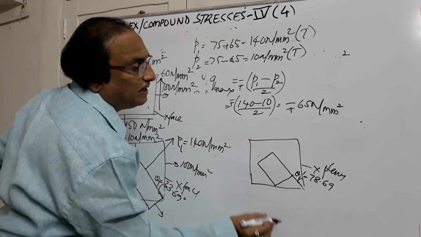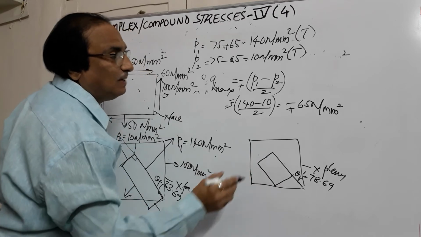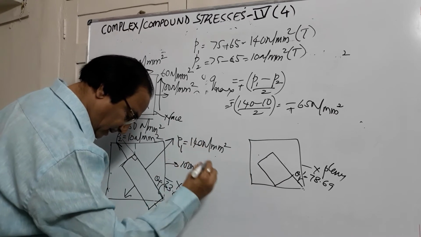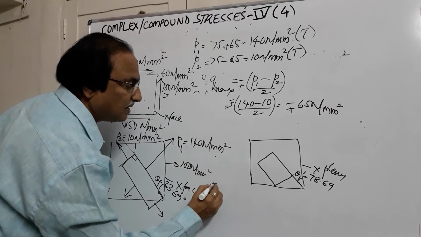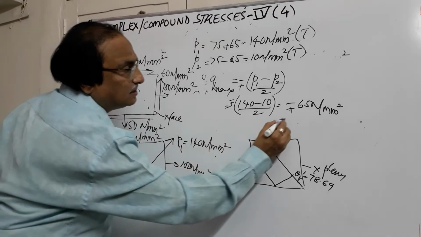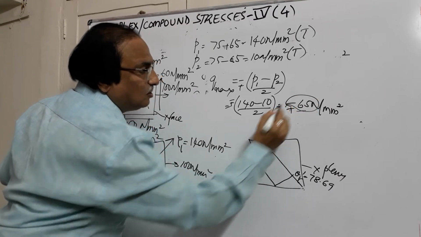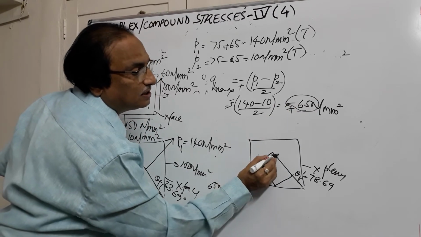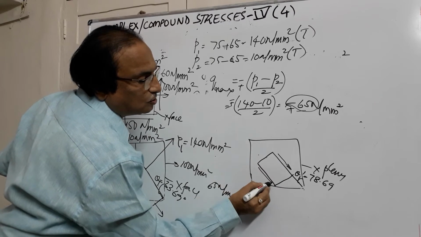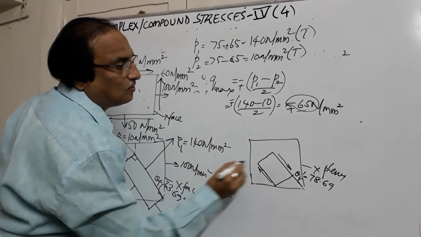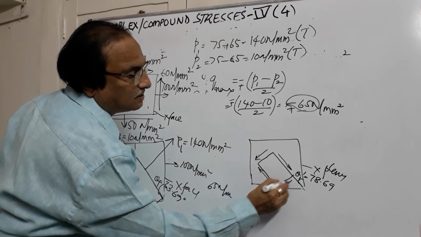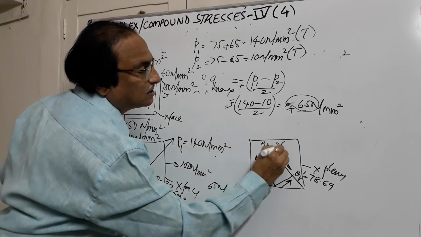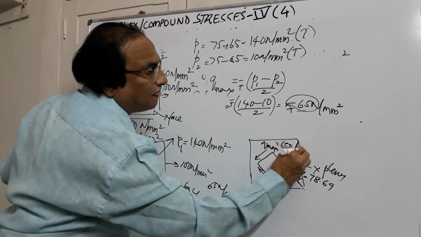These two planes will be subjected to maximum shear. The maximum shear stress acting is 65 Newton per mm square, but we have got it with a negative sign. If it is anti-clockwise on this face, it is positive. Since it is negative on these two faces, they will be acting clockwise. So these are the Q max, whose value is 65 Newton per mm square.